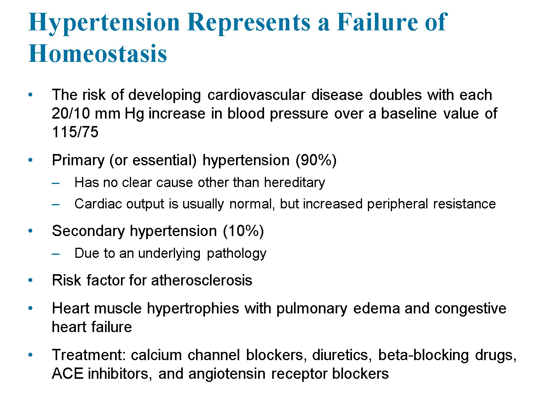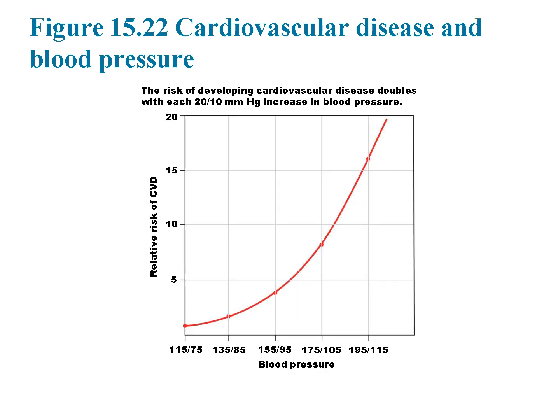long-term heart health. This graph illustrates the direct relationship between blood pressure levels and the risk of developing cardiovascular disease. As blood pressure increases, the risk of cardiovascular complications rises exponentially.